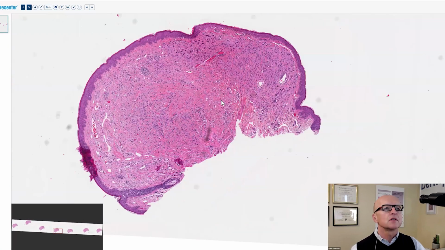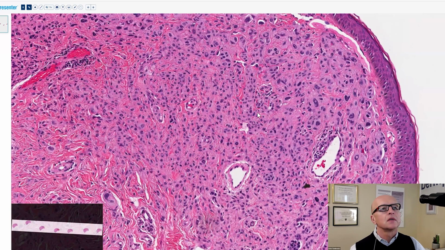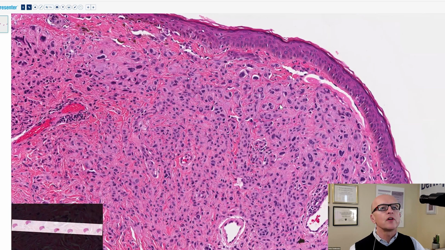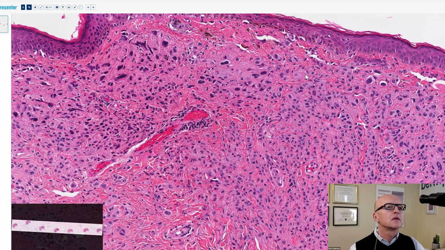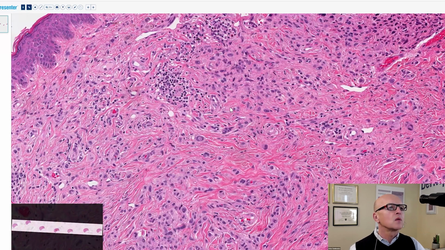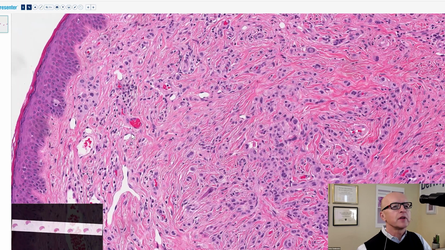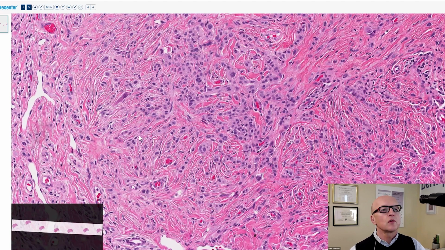So we have this lesion. It is certainly epithelioid. And we are trying to make our determination whether we think that this lesion is Spitz tumor or not Spitz tumor.